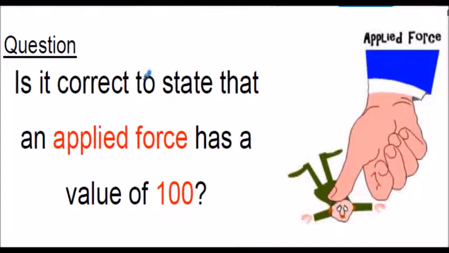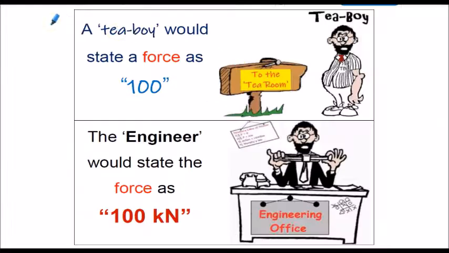Here's another question. Is it correct to state an applied force has a value of 100? Well, the answer is no. When I was employed in industry, I worked alongside an engineer who said a T-boy would state a force as 100. It's the engineer who would state the force as 100 with the appropriate unit afterwards.